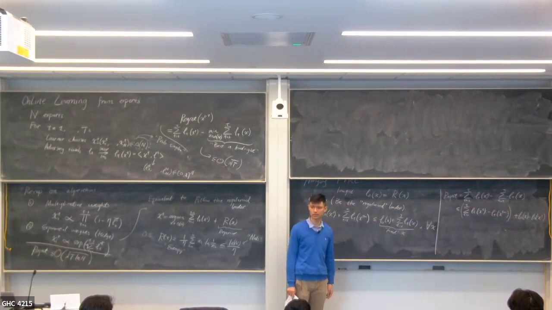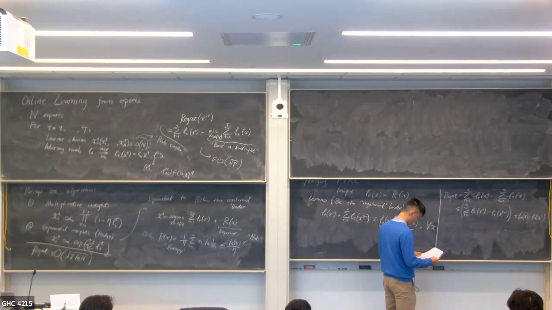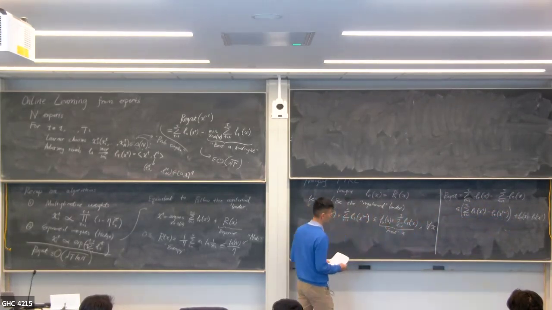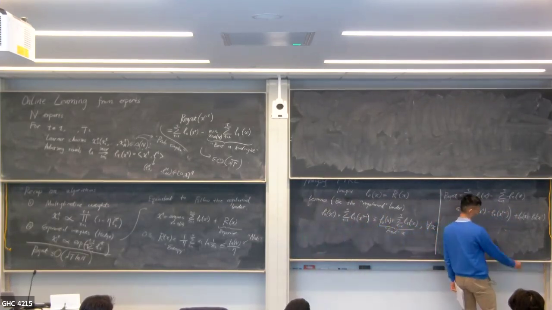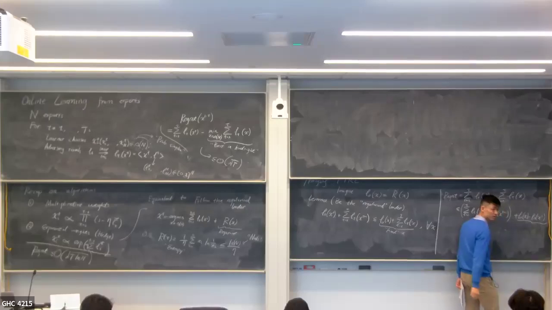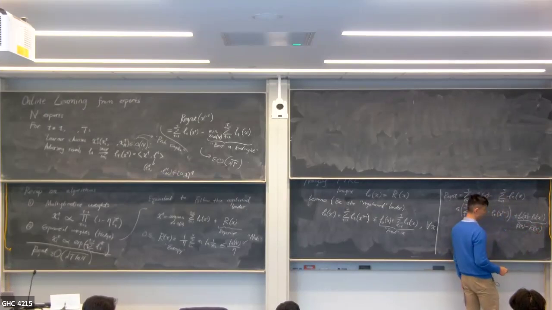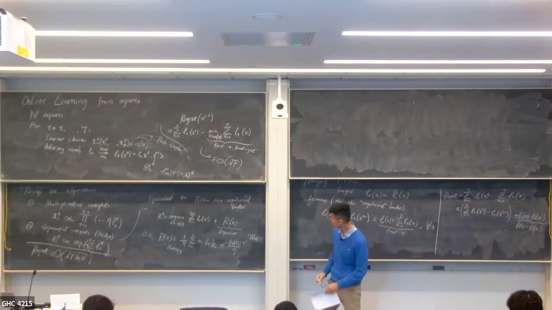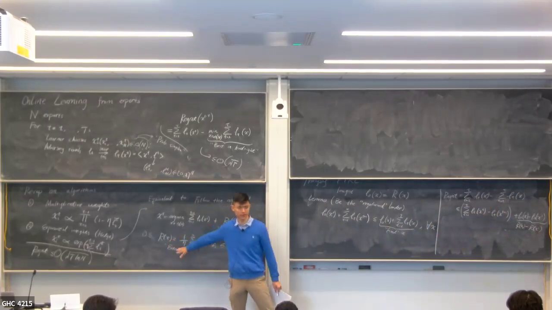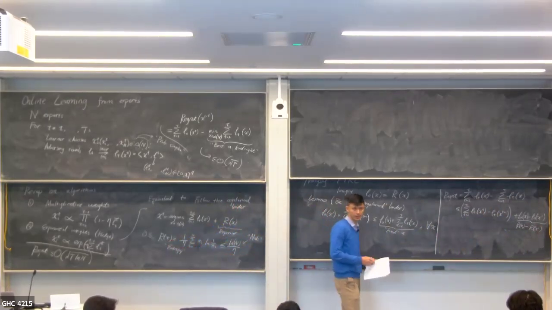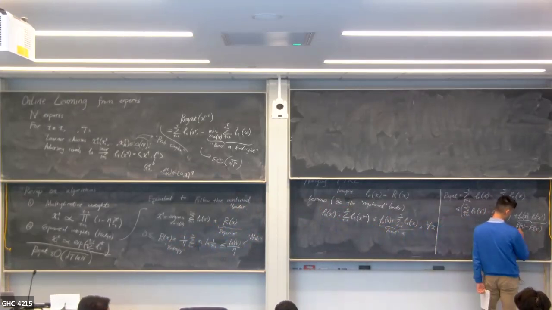Is this correct? How big can this term be? This is R(x) minus R(x_1), and the regularization term is always non-negative, but can be at most log n over eta.